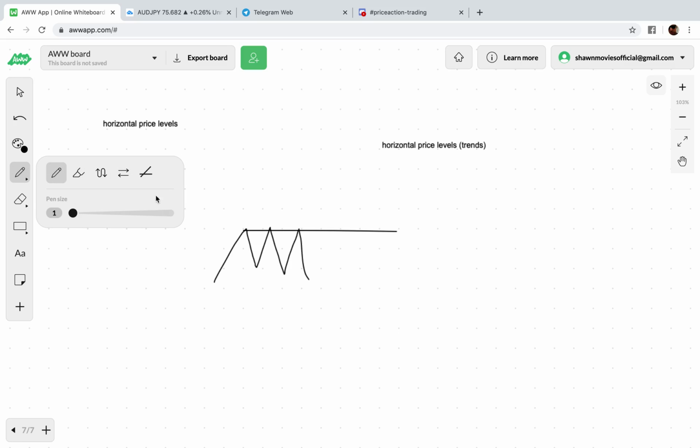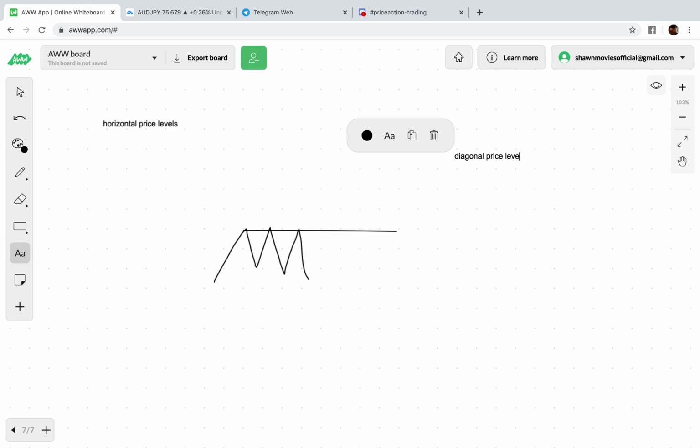Whoa, I meant to put diagonal. All right, you can see my 10-year-old preparation in making this video. So diagonal price levels essentially just means trends.